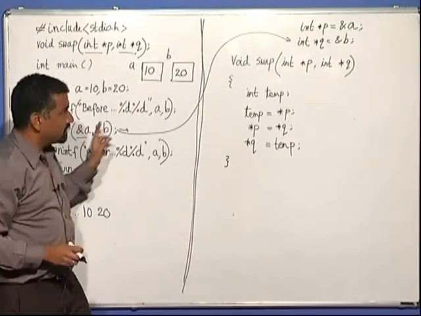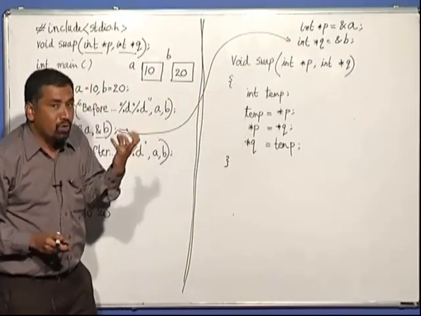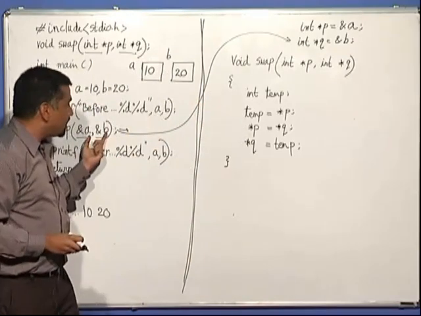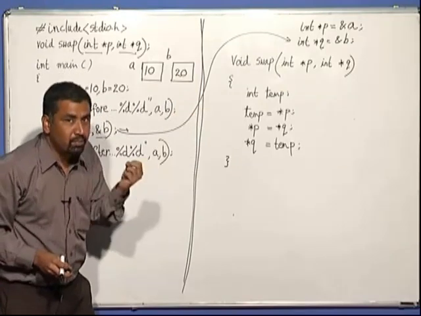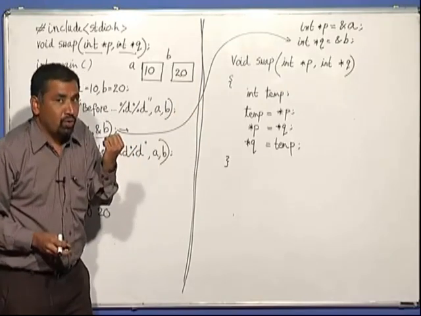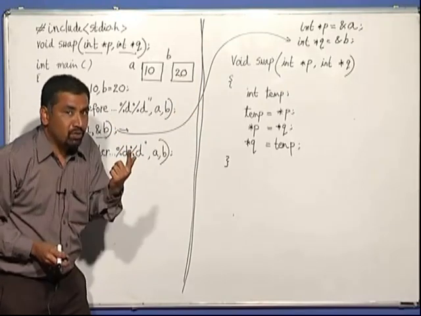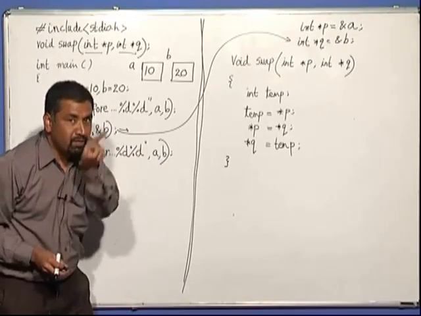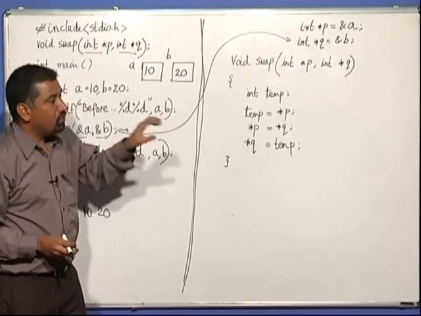Address of A is being sent and it will be stored in P. Address of B is being sent and stored in Q. So P is pointing to which now? Because it stores the address of A, P will point to A and Q will point to B.